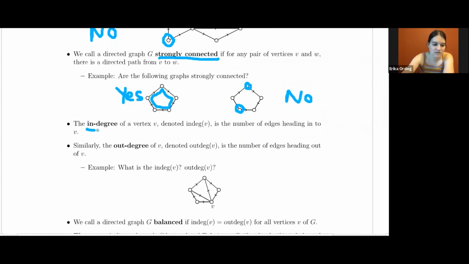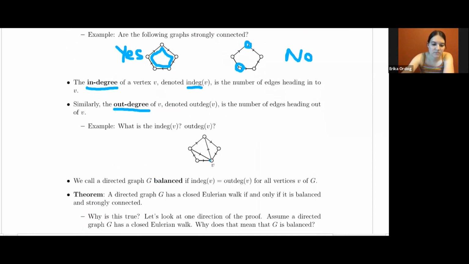Okay, so the in degree of a vertex V, which is denoted by INDEG of V, is the number of edges heading into the vertex, and the out degree is the number of edges heading out of that vertex. So in this example, if we look at this vertex V right here, what's the in degree?